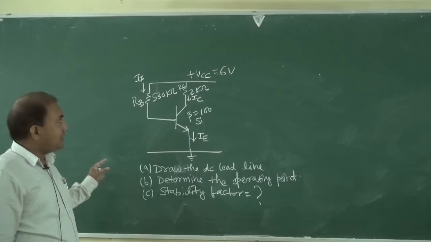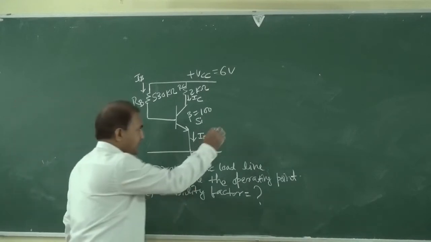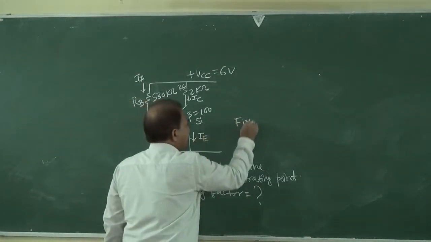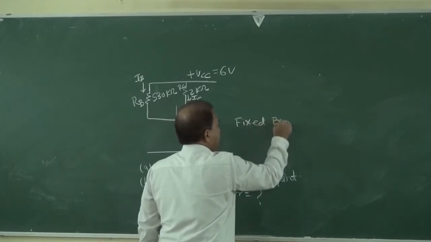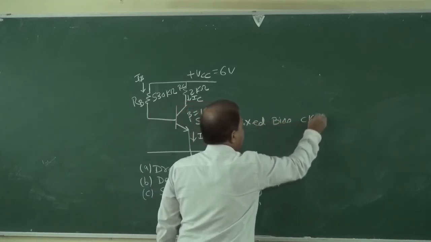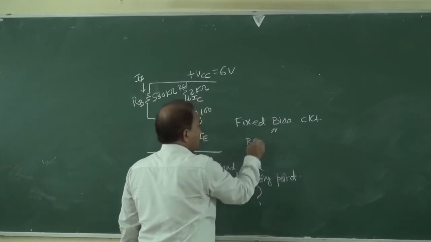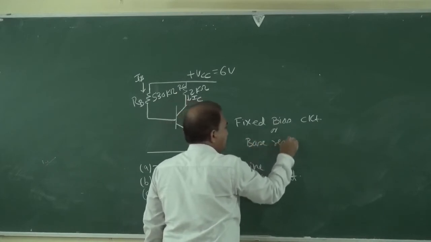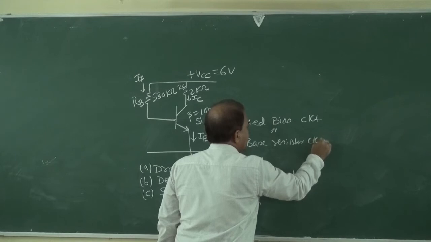Now we will see an example based on the fixed bias circuit, or base resistor biasing circuit.